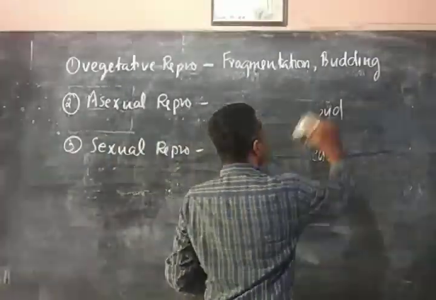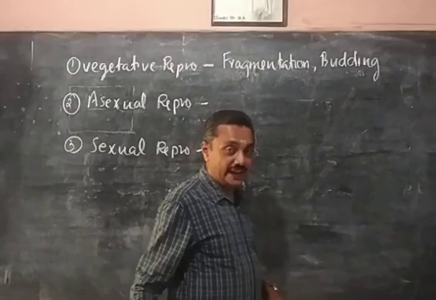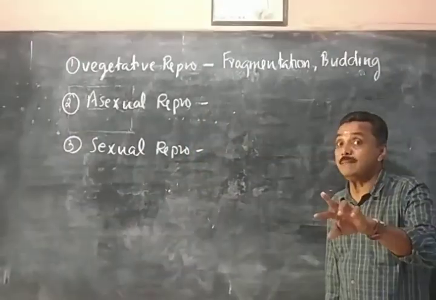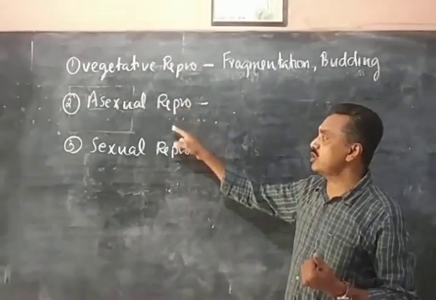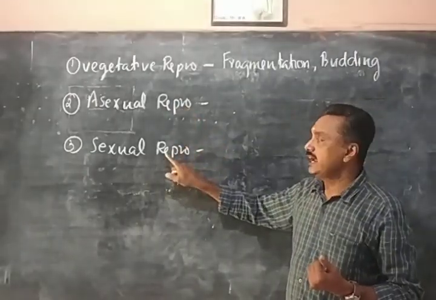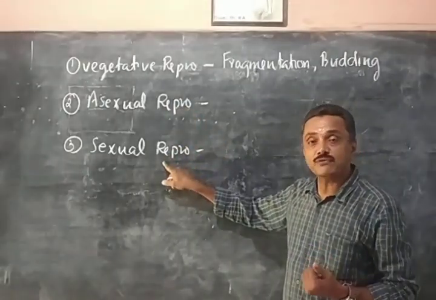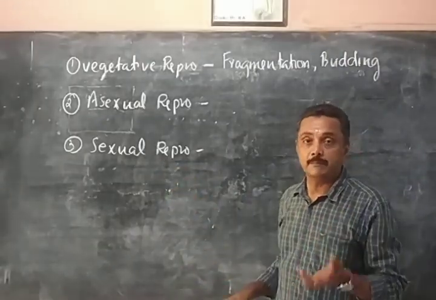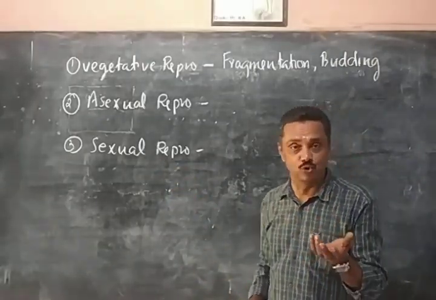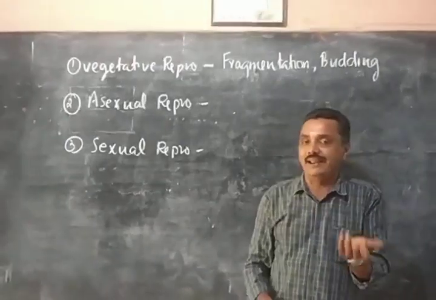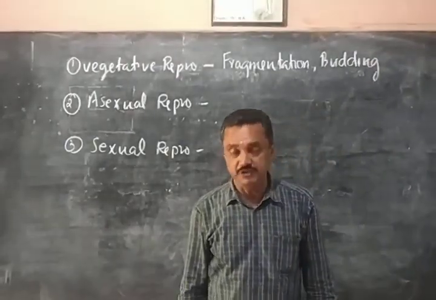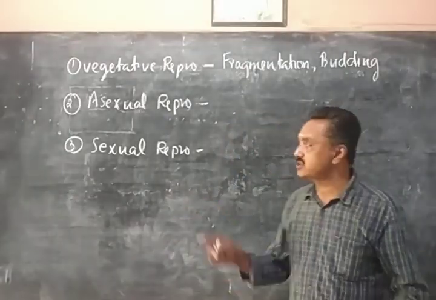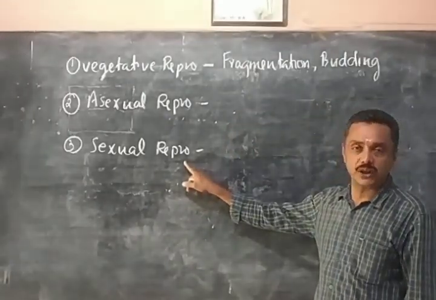Then the second comes to the sexual method: sexual method and asexual method. What is the difference between asexual and sexual reproduction? In sexual reproduction, there is formation of gametes, male gamete and female gamete, as you know. They join together and form a structure called a zygote. That type of reproduction is called sexual reproduction.